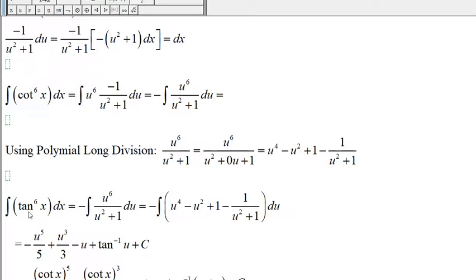And now the integral of cotangent of x to the 6 will be negative the integral of u to the 6 over u squared plus 1, which is negative the integral of u to the 4th minus u to the 2nd plus 1 minus 1 over u squared plus 1.